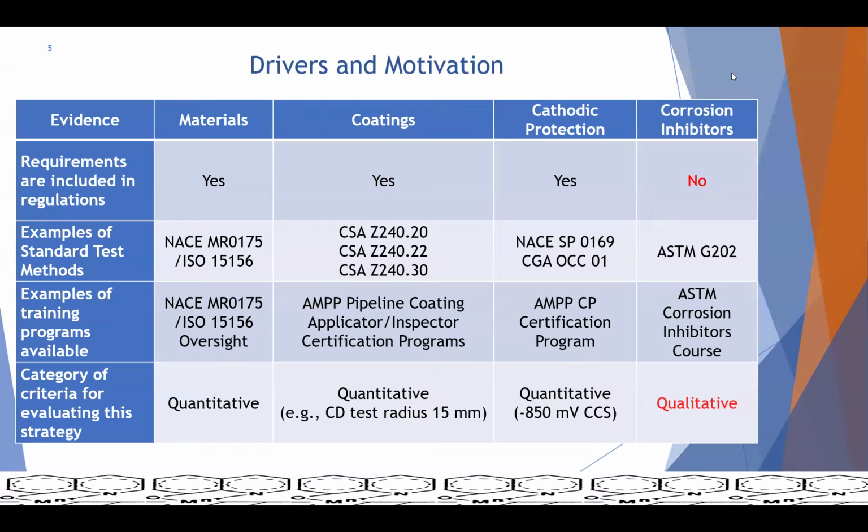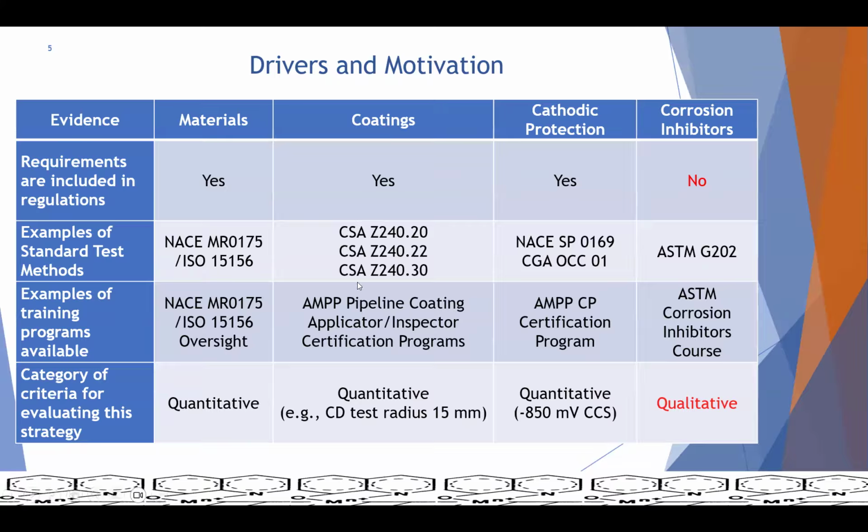If you look at the corrosion control strategies, they are broadly classified into four: materials, coatings, external coatings as well as internal coatings, cathodic protection, and of course, corrosion inhibitors. If you look at the level of standardization, the corrosion inhibitor evaluation is not up to the mark.